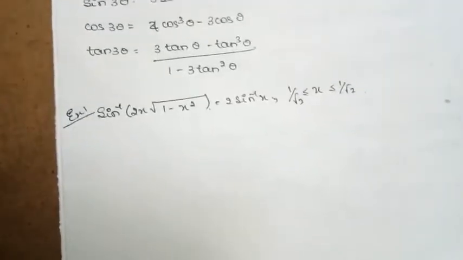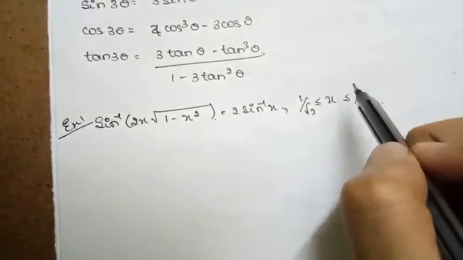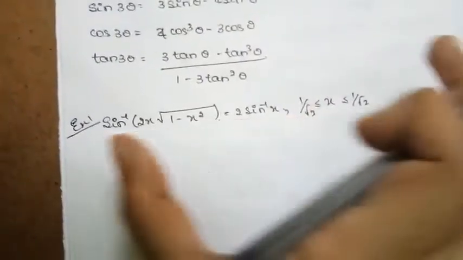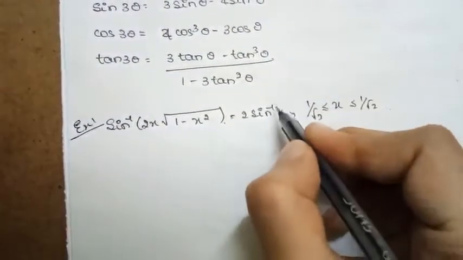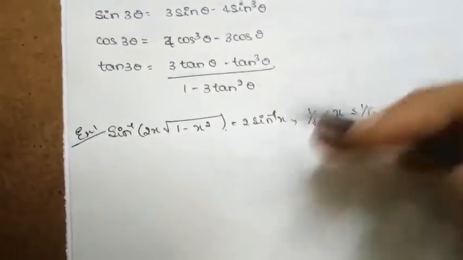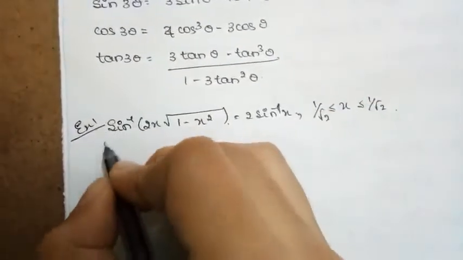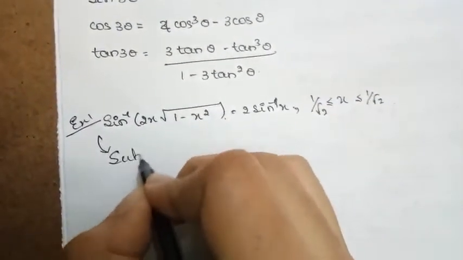In your previous video regarding the properties of inverse trigonometric functions, you have seen these types of questions. I think this is the first example question which I solved in the previous video. In every question of this type, in the beginning you might have seen the substitution.